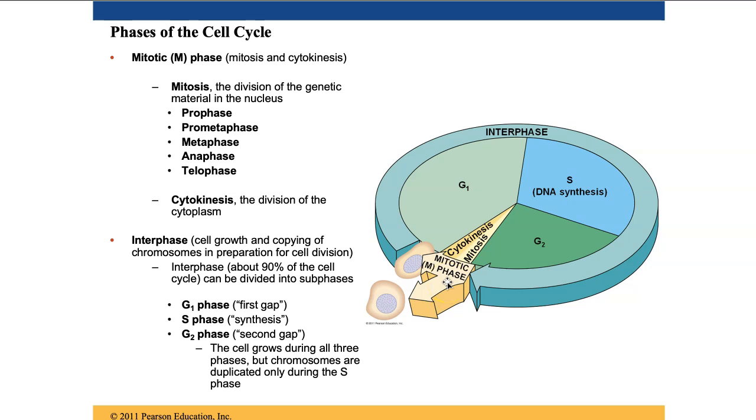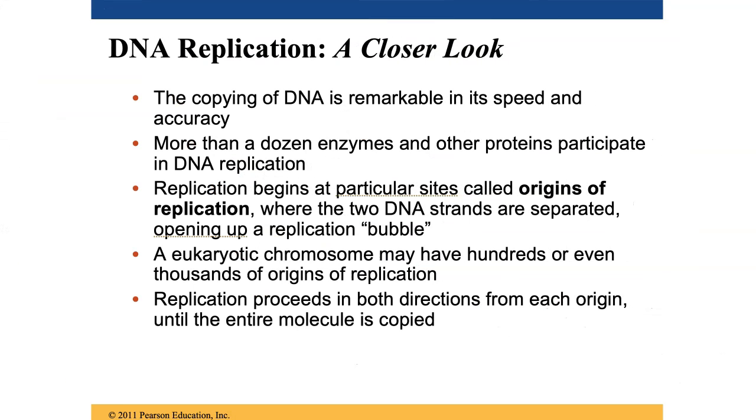So of course, in order for this to happen, we need to duplicate the DNA. So that is what DNA replication is. It's DNA synthesis. We are going to look at DNA replication for both prokaryotes very briefly, just so you can see it. And then we're going to go more deeply into eukaryotic DNA replication.